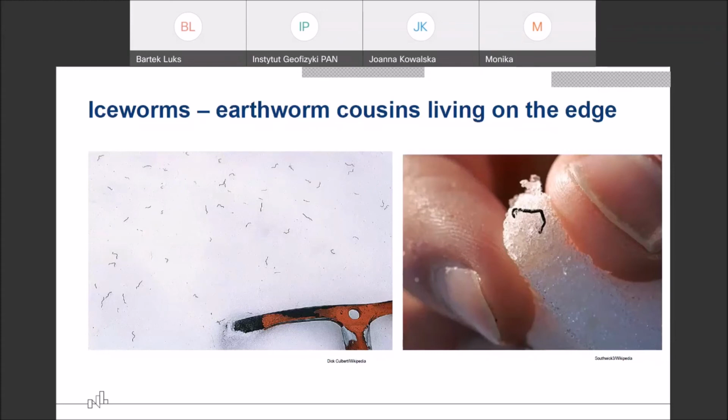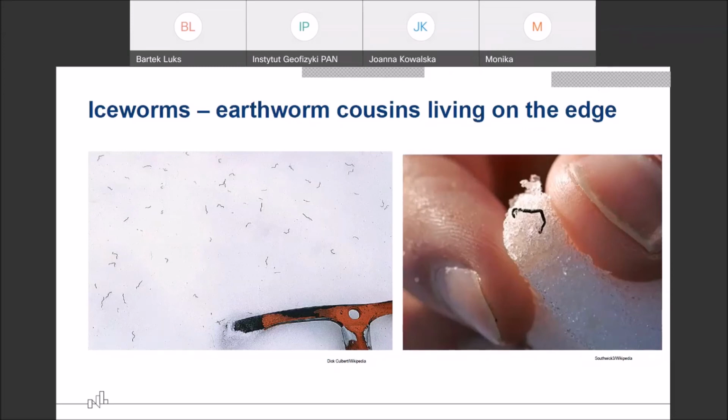They can be found in just a few places in the world, mostly on glaciers in Alaska, and they feed on organic particles that are deposited on a glacier.